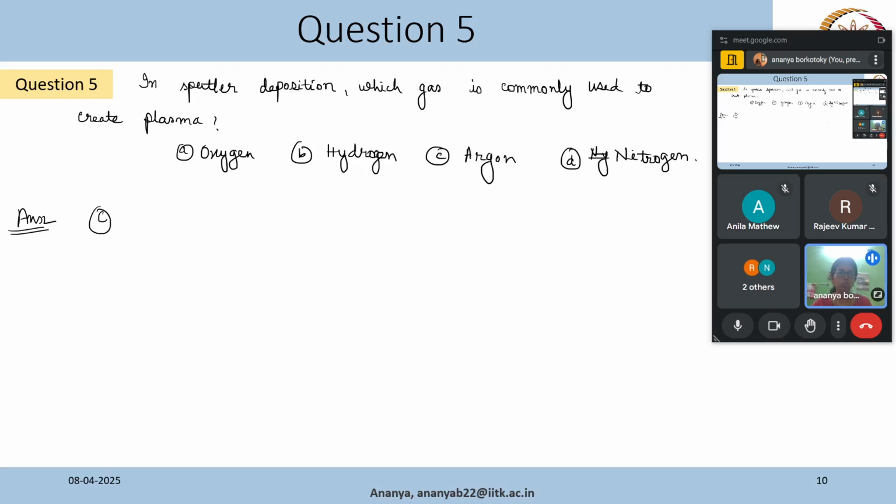But for most common sputtering targets, argon is a good choice. We can easily create plasma of argon and then do sputtering deposition. I'll write it here also.